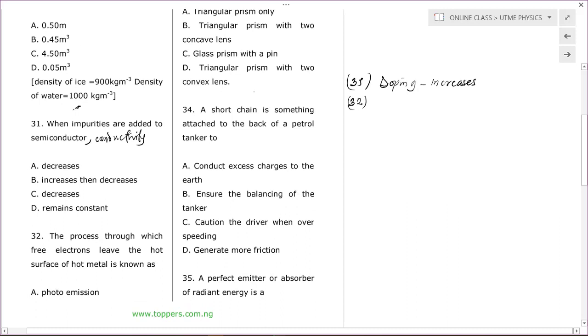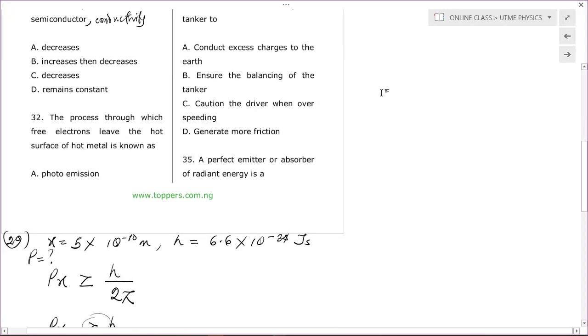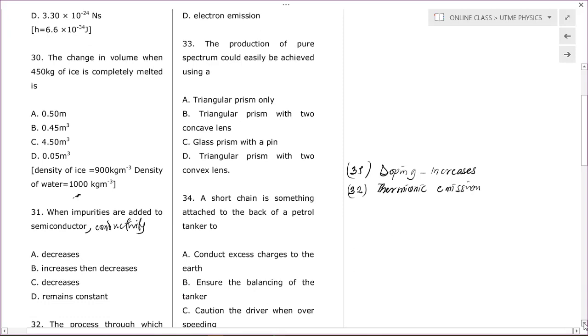It's a combination of two things together. Thermionic emission. Why is this talking about thermal? Thermionic there is from thermal, which means heat.